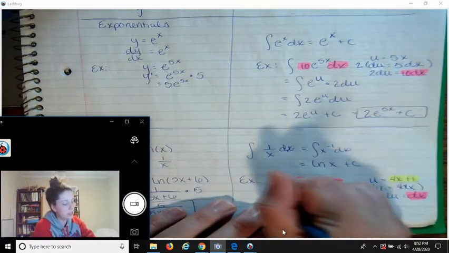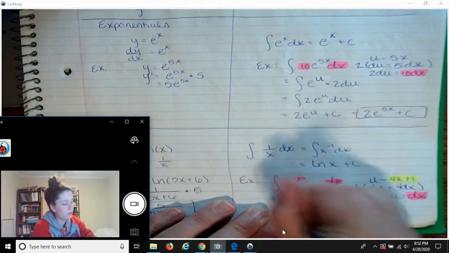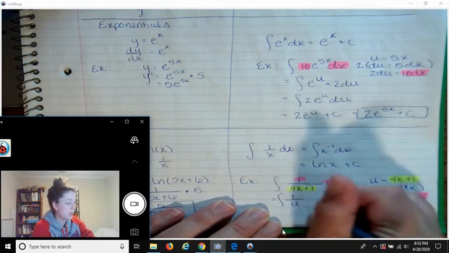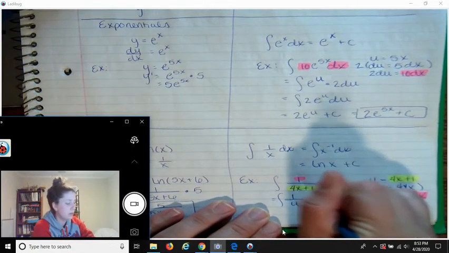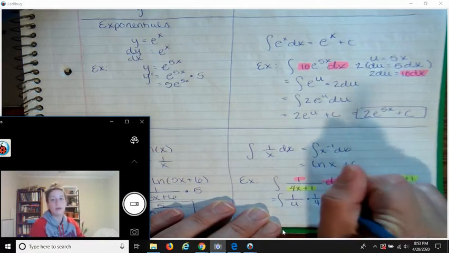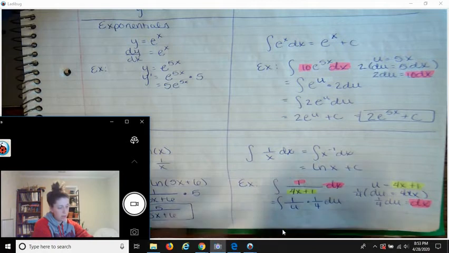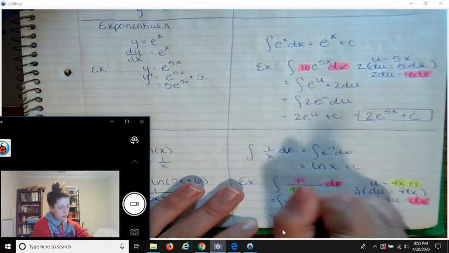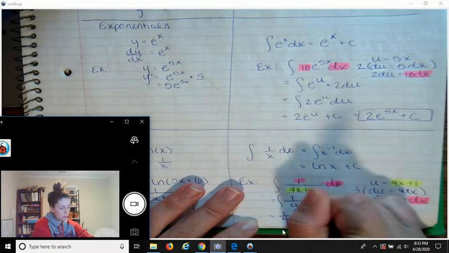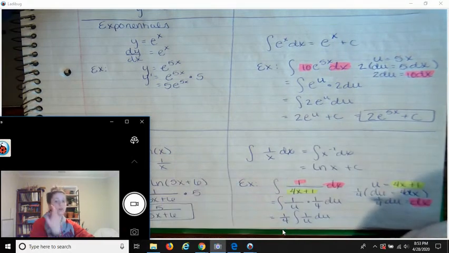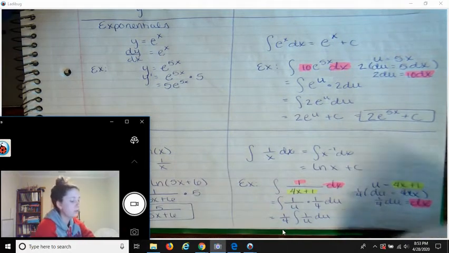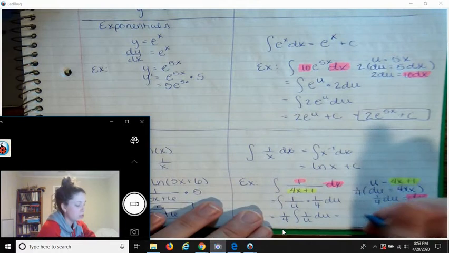Therefore, this should be the same thing as the integral of 1 over u times 1/4 du, okay? Remember the constants can just come out to the front of the integral. And you know that the integral of 1 over u is the natural log of u.